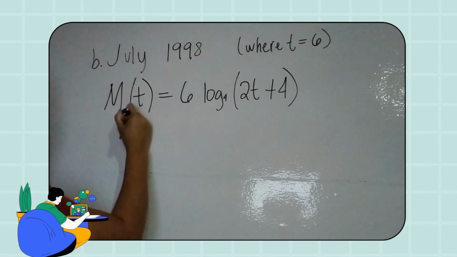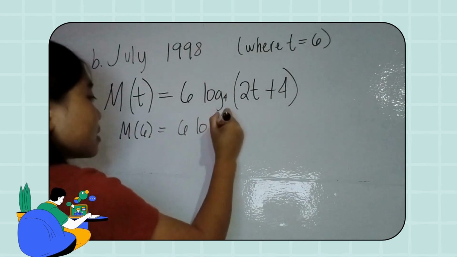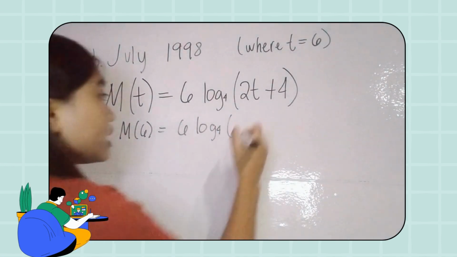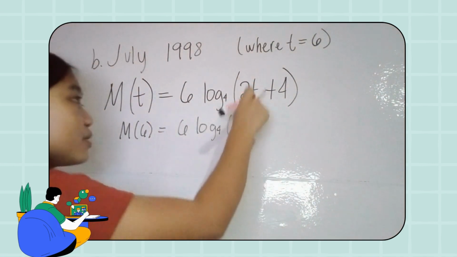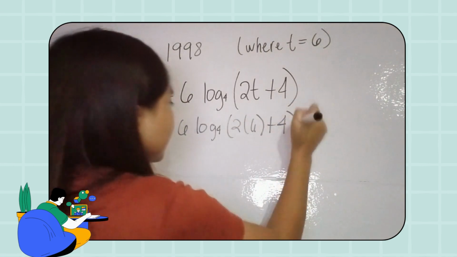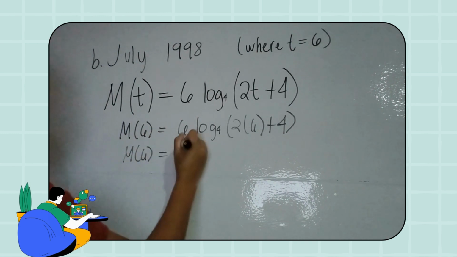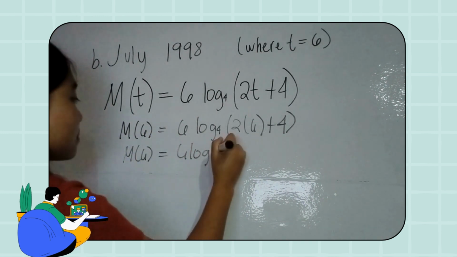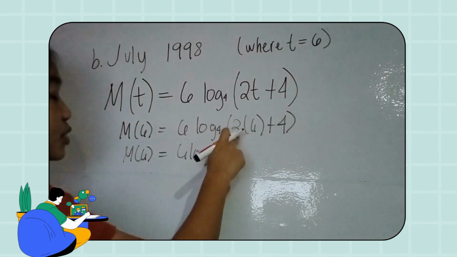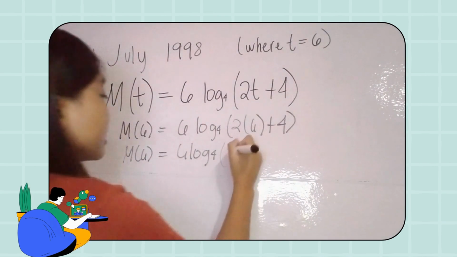So we have m of 6 equals 6 times the logarithm base 4 of the quantity 2t, in which t will be replaced with 6, plus 4. Let's simplify the equation. We have m of 6 equal to 6 times the logarithm base 4 of 2 times 6, which is 12, plus 4, which is 16.